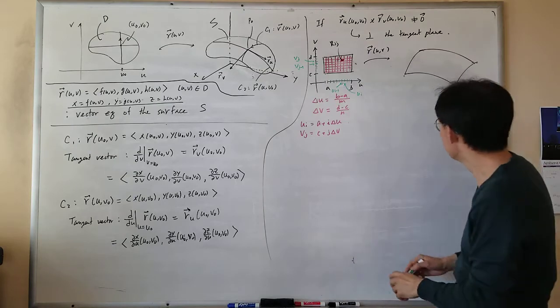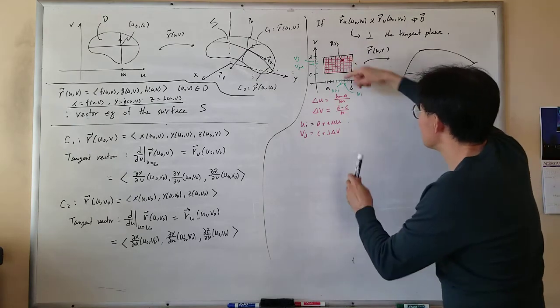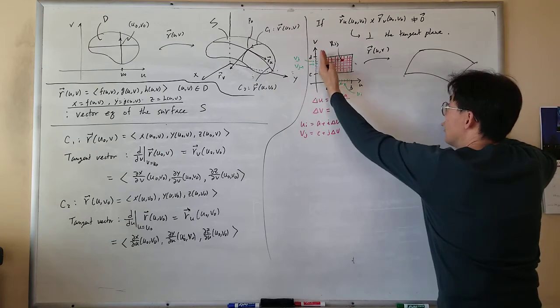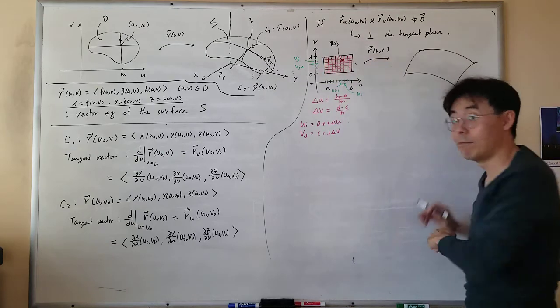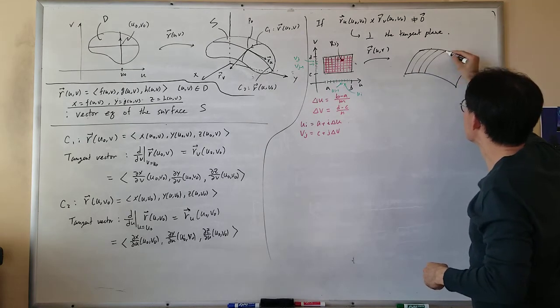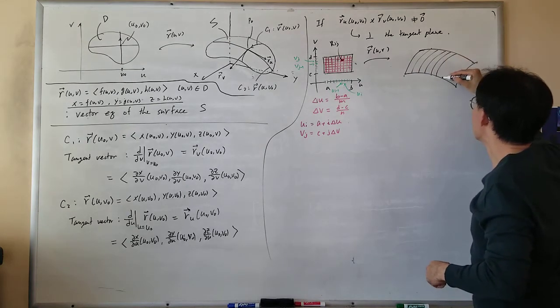Okay? The grid lines, if you think about the image of these lines through this vector equation, will be something like this, all right? Along the surface.